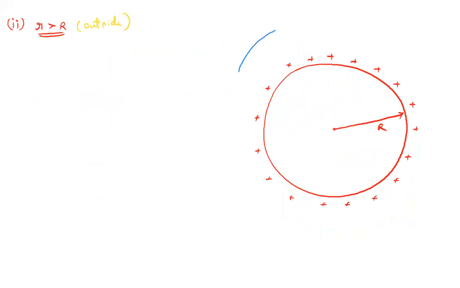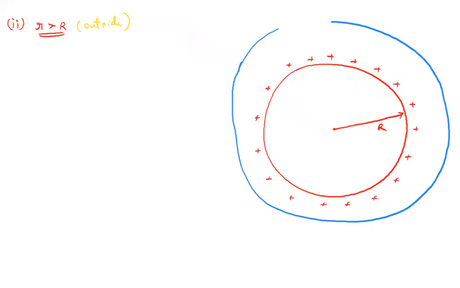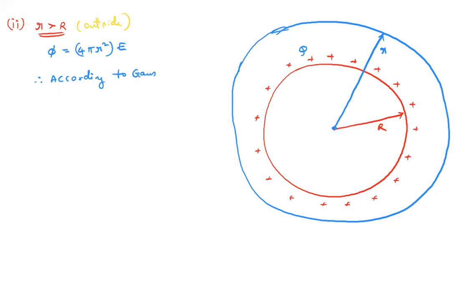For an outside point, the blue region is the Gaussian sphere whose radius is small r, and we calculated the flux as 4 pi small r square into E. Let us assume the total charge on the surface is Q. Therefore the charge inside the Gaussian sphere is Q. According to Gauss law, flux equals charge enclosed by epsilon naught, that is, capital Q by epsilon naught.